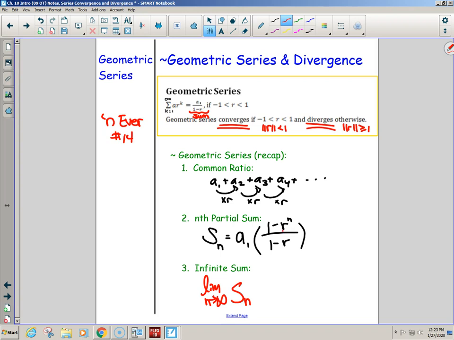But basically, this will either go to 0 or infinity or negative infinity. It'll only go to 0 when the magnitude of r is less than 1. It'll go to one of these guys if the magnitude of r is greater than or equal to 1. Wait a minute, greater than or equal to 1? But I thought if it's 1, it just stays the same, right? Why is that a problem?